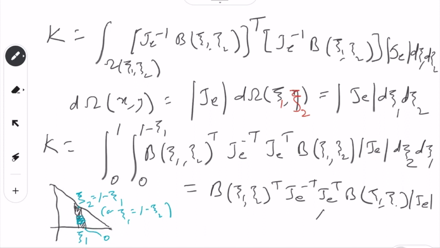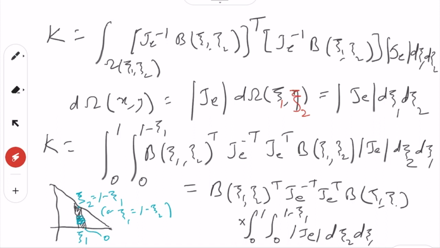We write like this only, and multiplied by the integral from 0 to 1, 0 to 1 minus xi 1, J d xi 2 d xi 1. This is nothing but the area of the triangle in the xy system. So automatically this will be equal to the area of the triangle.